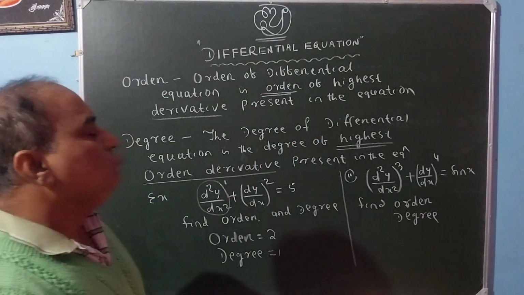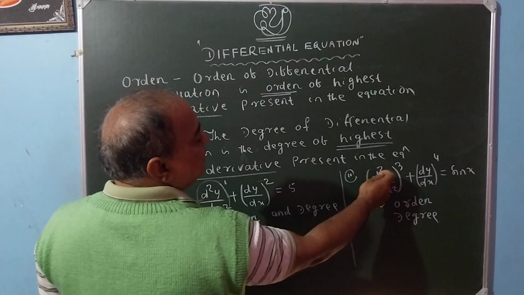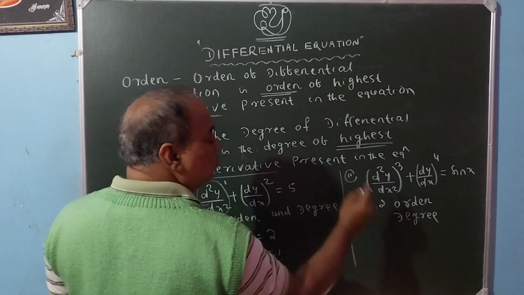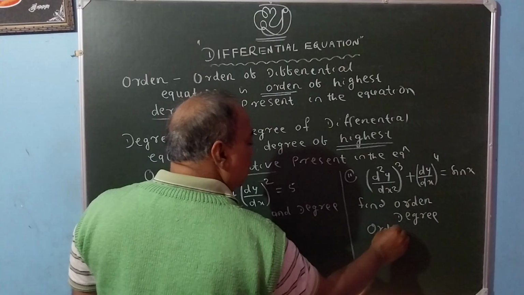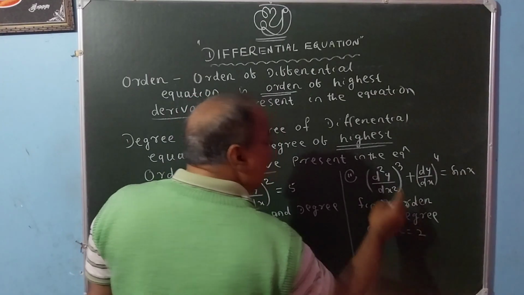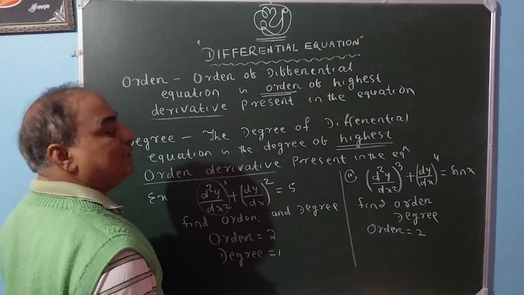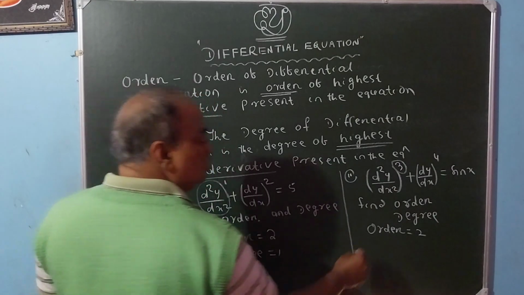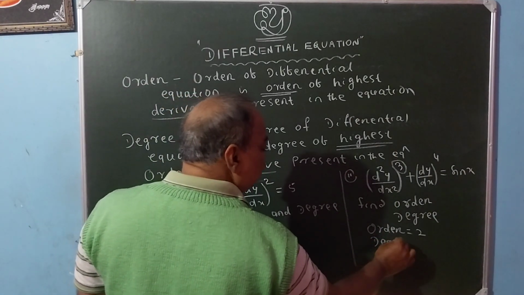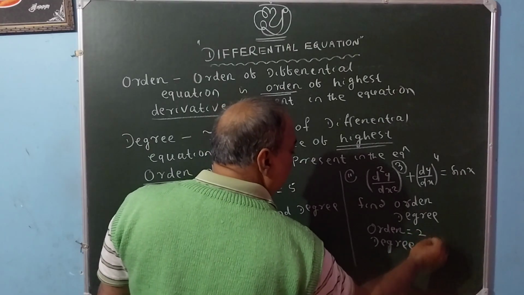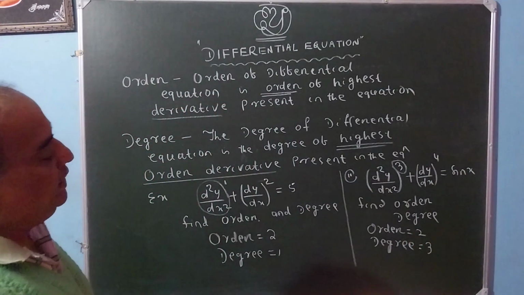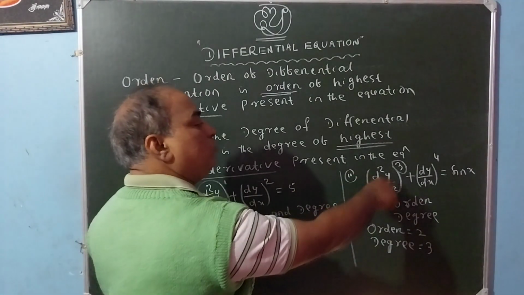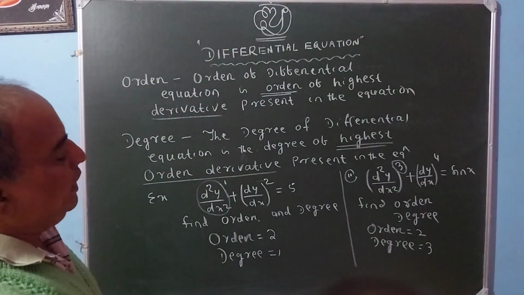You see here the highest order is 2, so order of the differential equation is 2. The power on the highest order derivative is called the degree, not 4. Here the power on the highest order is 3, so degree of the differential equation is 3, because the power on the highest order derivative is called the degree.